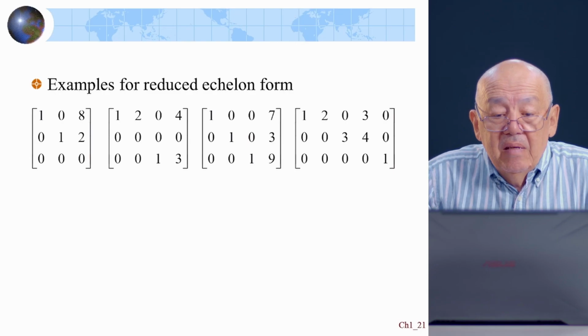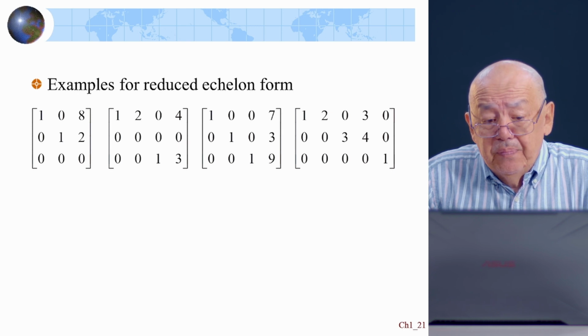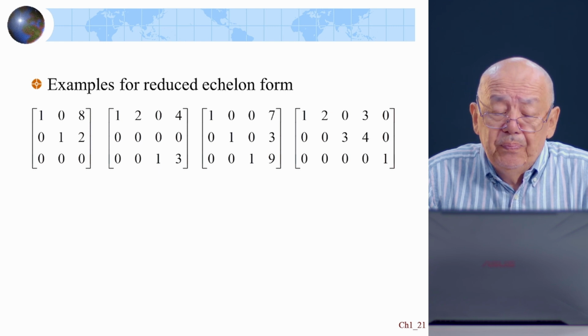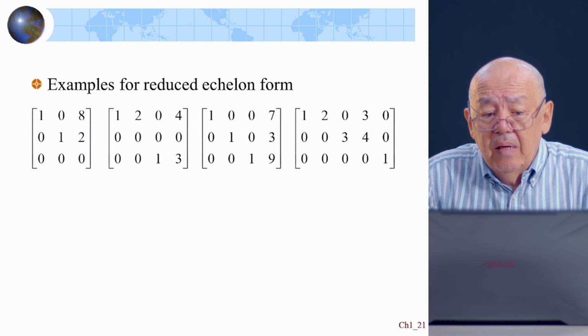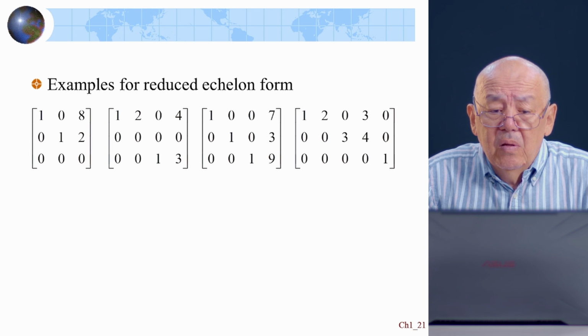So let's see which of these matrices are in reduced echelon form. The leftmost matrix, I think it's okay, because we have a zero row located at the bottom of the matrix, and 2 leading ones, and all other elements of a column containing a leading 1 are 0.